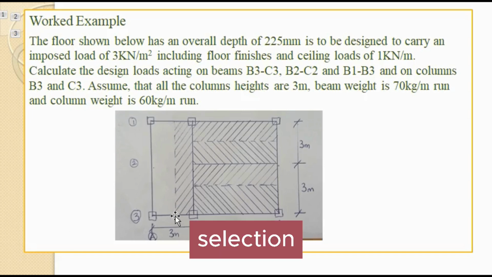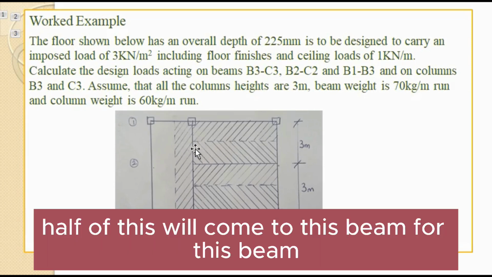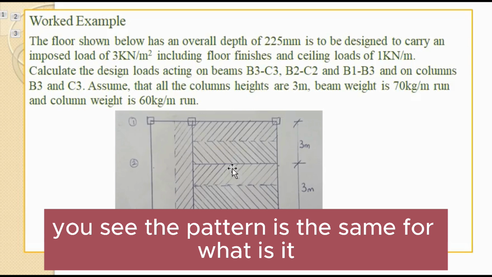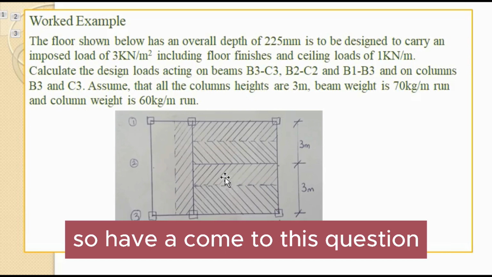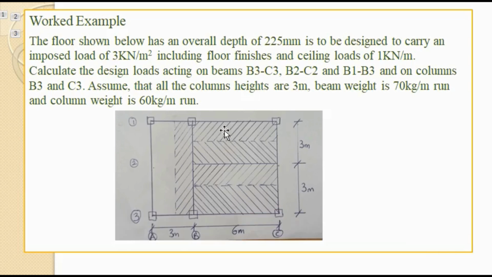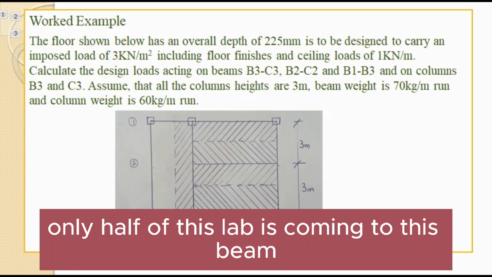You see this portion that is shaded. Half of this load will come to this beam. For this beam here, half will come to this beam. You see the pattern is different from what is there. So half will come to this beam, half will go to that beam. So in the long run, only half of this slab is coming to this beam.